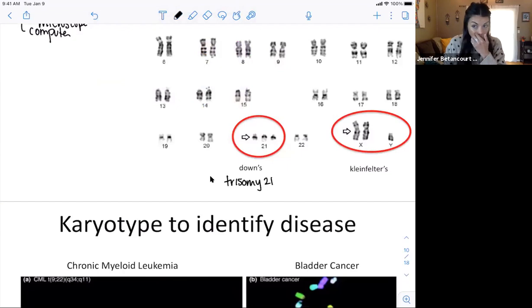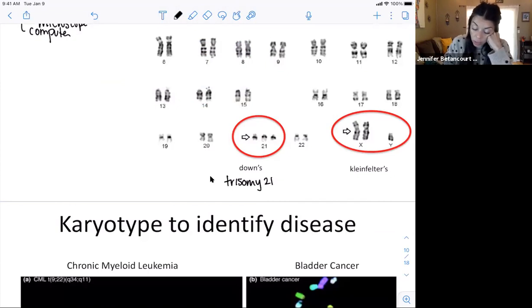And trisomy 21 is one of the few aneuploidy situations where the human can develop and can actually be born and have a certain shorter lifespan, but there are some developmental delays in this individual, and this is known as Down's syndrome. Okay, so trisomy 21 results in Down's syndrome.